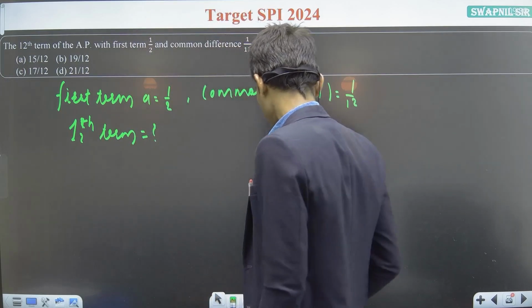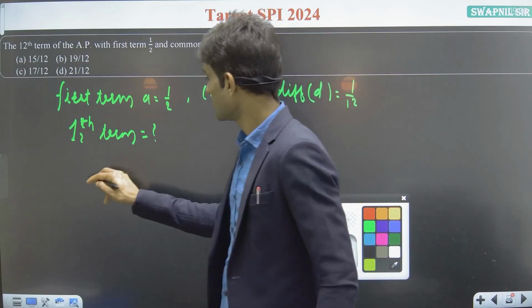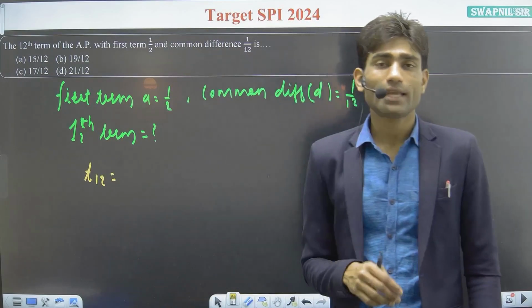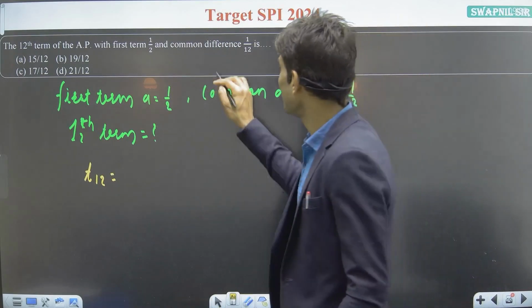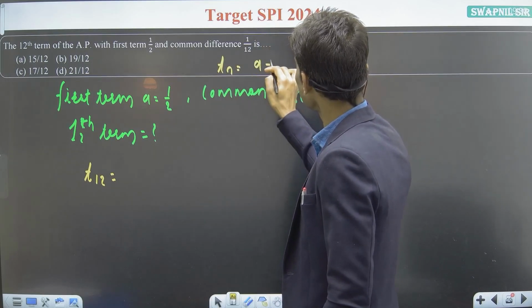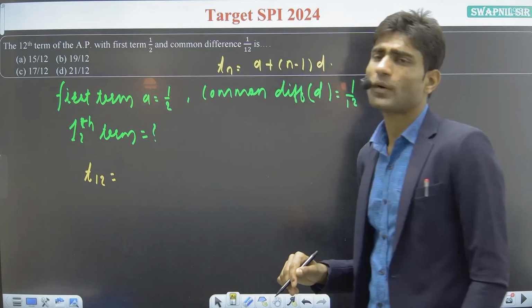So we want the value of T12. Tn can be written as A plus n minus 1 into D. What is the formula for the nth term in our arithmetic progression? A plus n minus 1 into D.